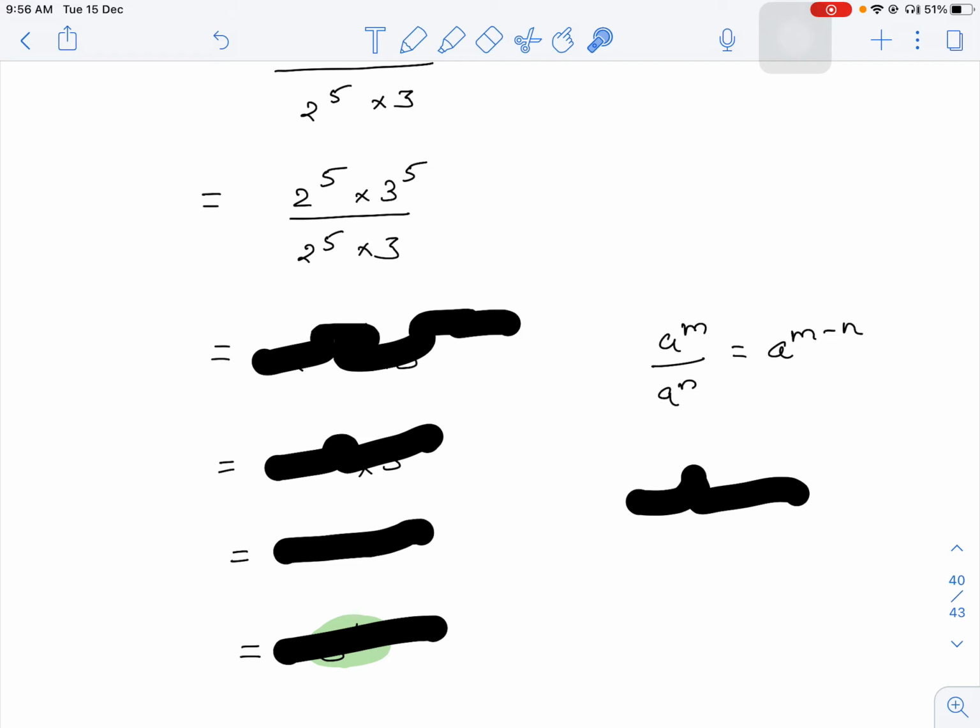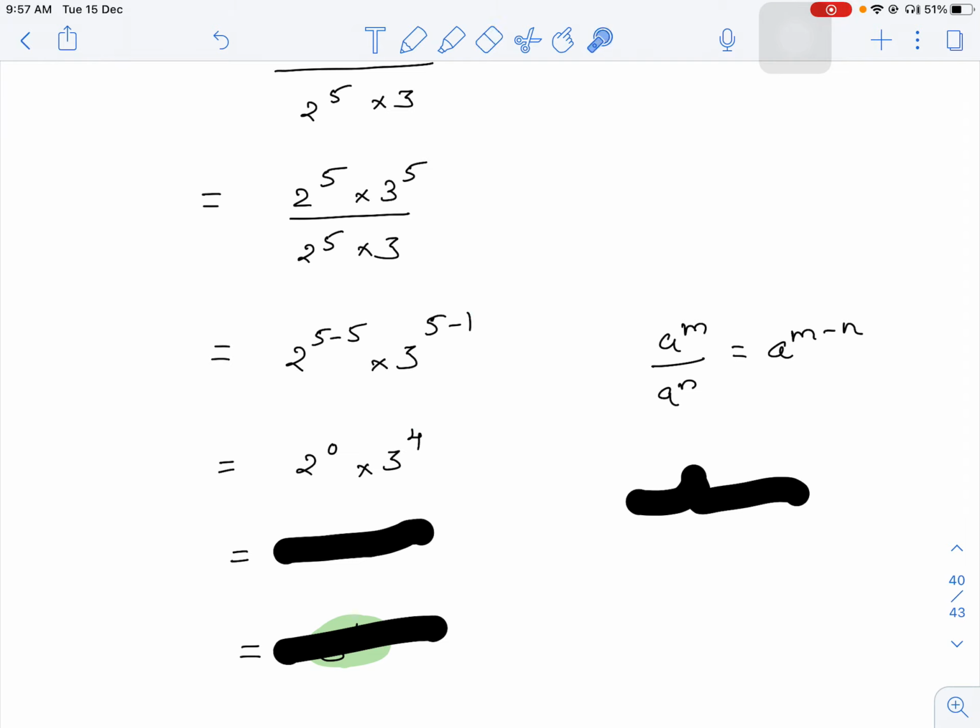So we write 2 raised to 5 minus 5, and at the same time here also two numbers with the same base are there, so this will be written as 3 raised to 5 minus 1. Where did this 1 come from? This 3 is not having any power, it means that the power is 1. Now 5 minus 5 is 0. So in the next step we get 2 raised to 0 into 3 raised to 4.